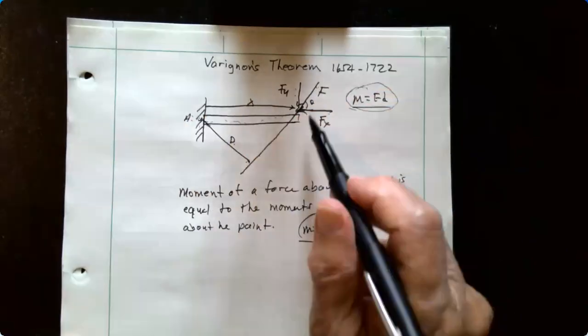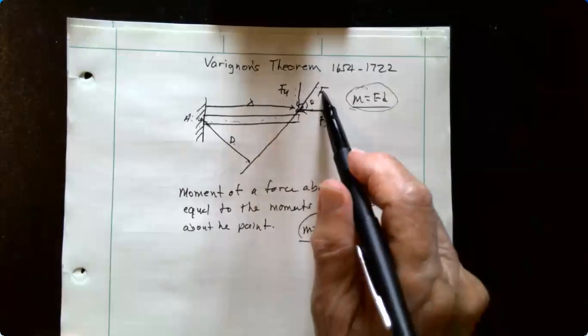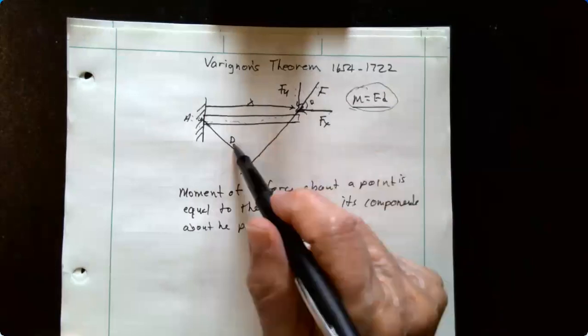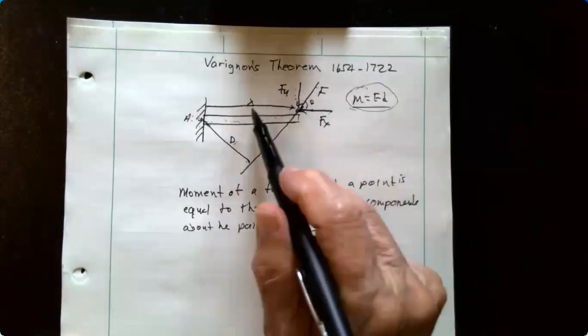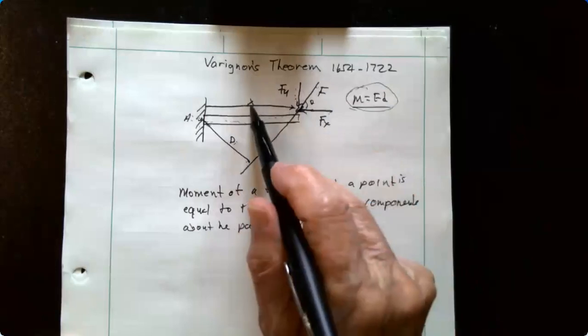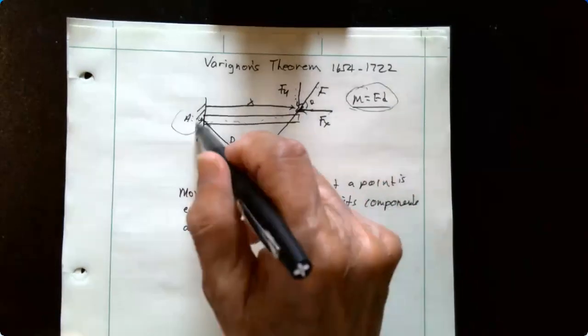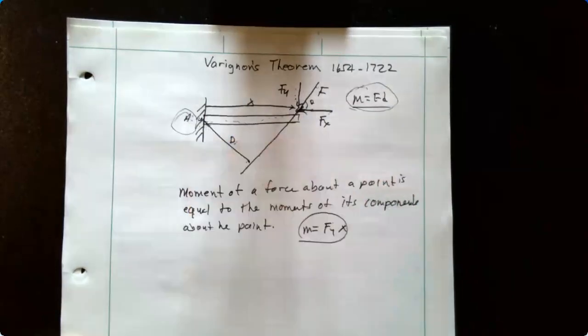So the moment F times the perpendicular distance D is equal to the moment F sub y times the distance x about this support A. That's what Bernoulli's theorem says. It's very simple, but it's a powerful tool that lets us solve our statics problems. And then ultimately some problems in strength of materials, the second course in the sequence.